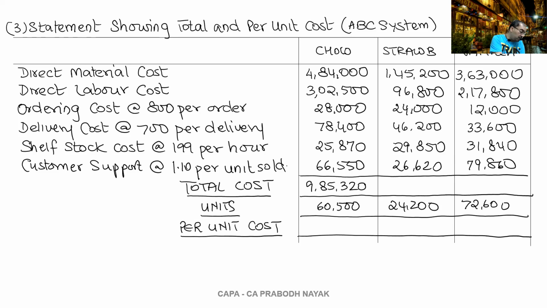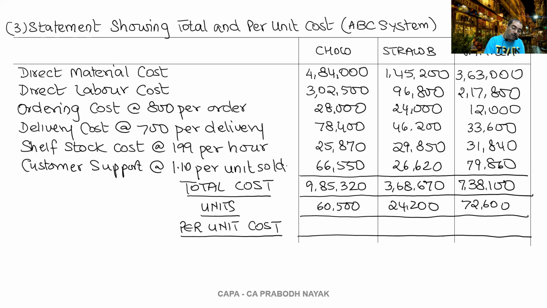Second total, 3,68,670. Third, 7,38,100.